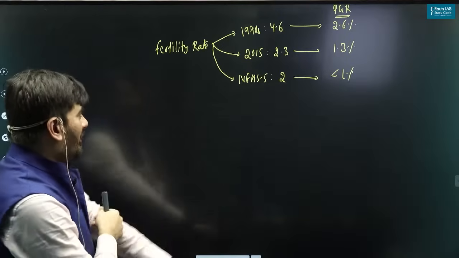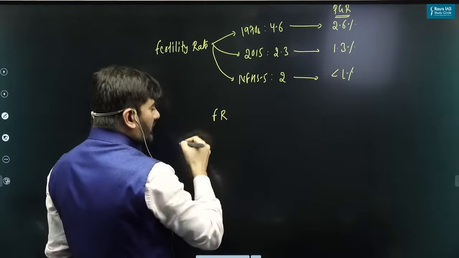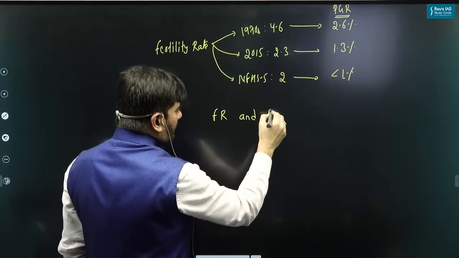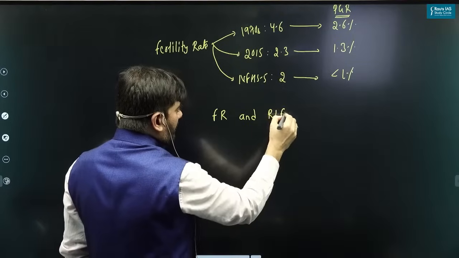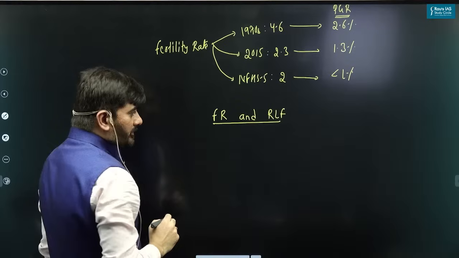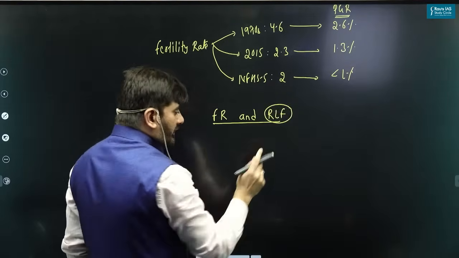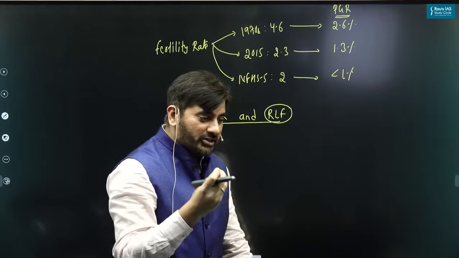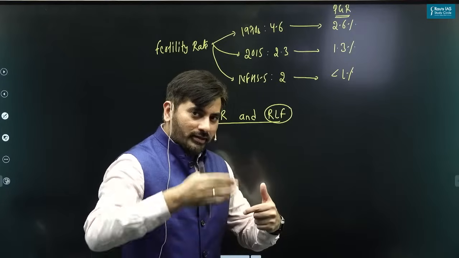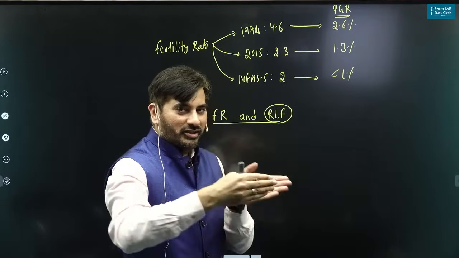Apart from that, I'm pretty sure most of you know the relationship between fertility rate and replacement level fertility. Replacement level fertility basically means how many children should a woman give birth to so that the present generation is replaced by the future generation.